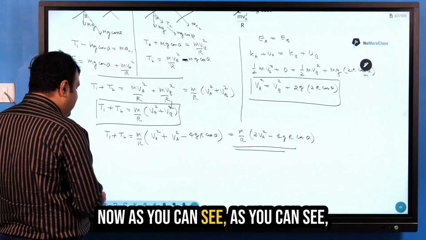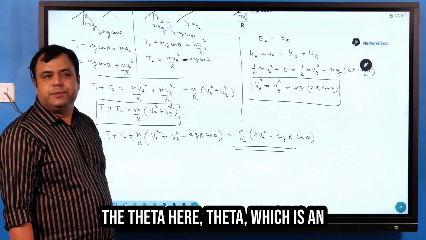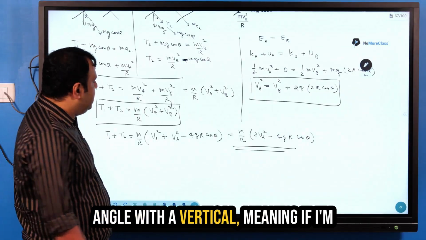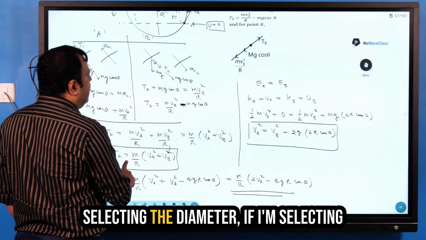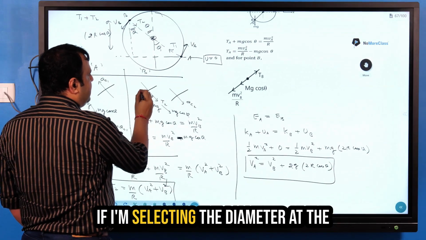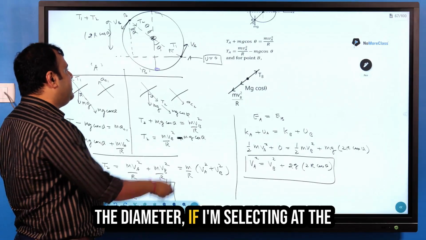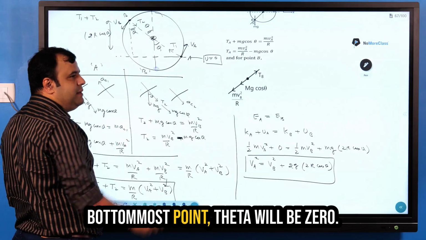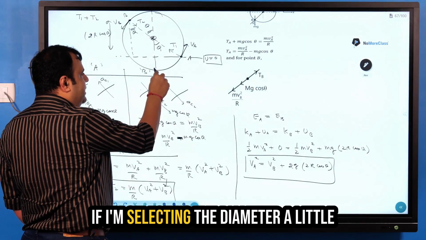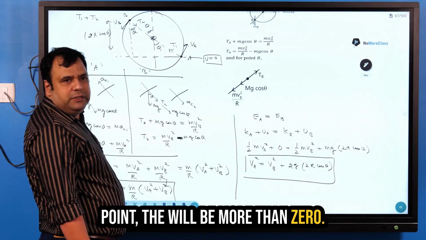Now, as you can see, T1 plus T2 depends upon the theta here. Theta is the angle with the vertical, meaning if I'm selecting the diameter starting at the bottommost point, theta will be 0. If I'm selecting the diameter a little bit above the bottommost point, theta will be more than 0.